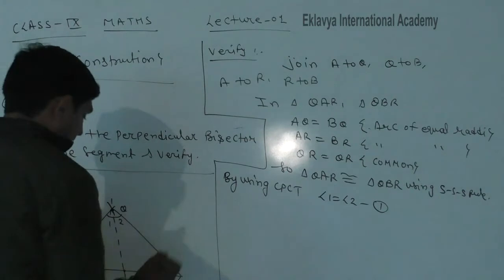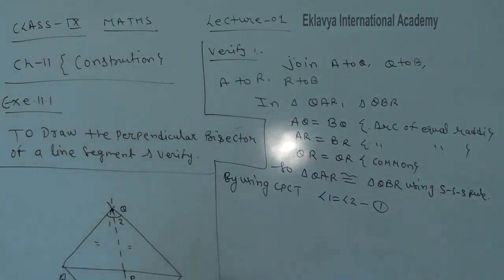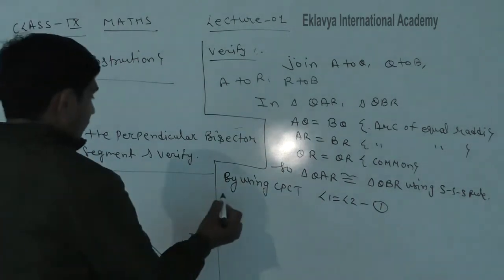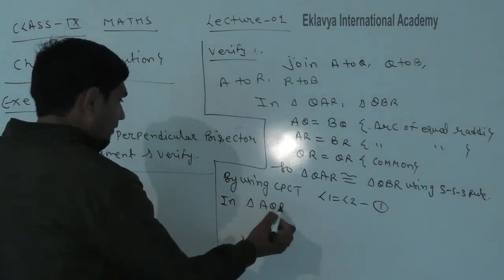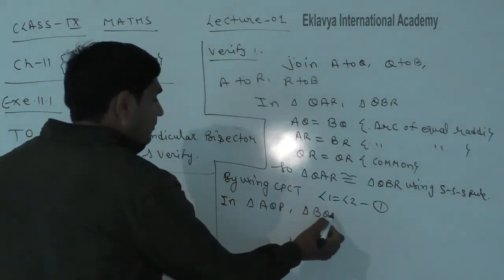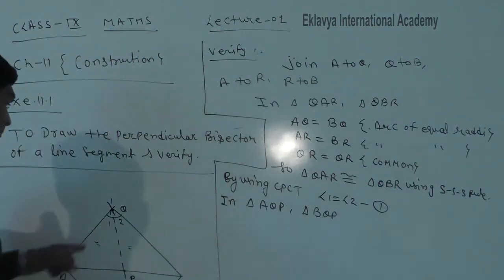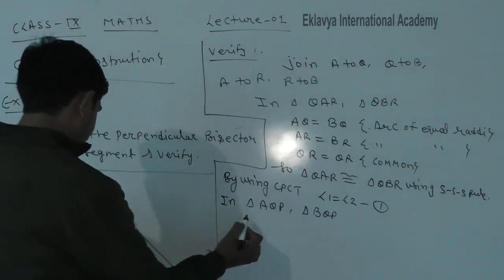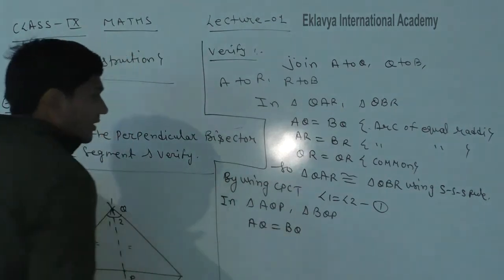Now second, again we will prove that this triangle and this triangle are congruent. Now students, how will we prove that the given two triangles are congruent? In triangle AQP and triangle BQP, AQ is equal to BQ.